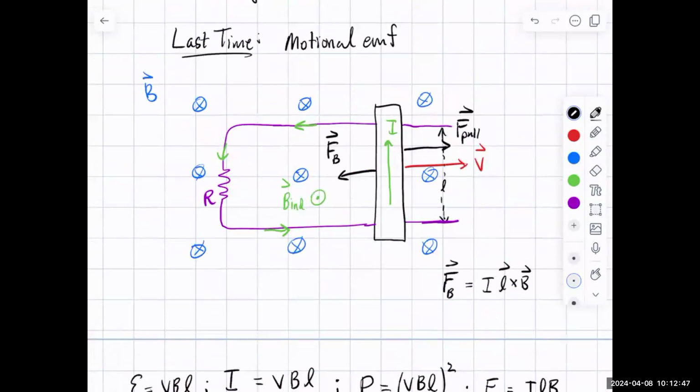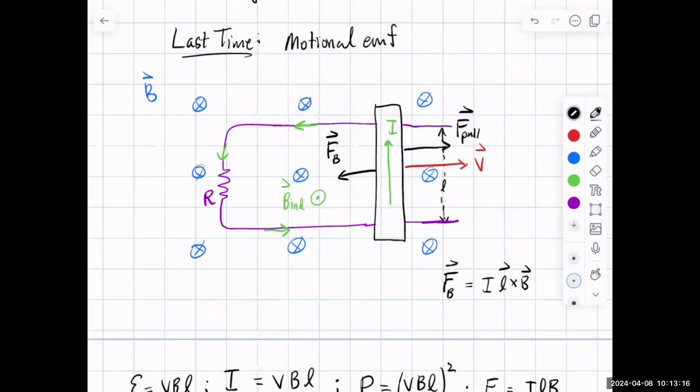We've got this bar sliding on a track through a magnetic field, and we generated a current. And so one thing that I want to notice is that for this problem, the magnetic field is completely constant. So the current is not generated because we're changing the strength of the magnetic field or something. What is changing is the area of our circuit loop.